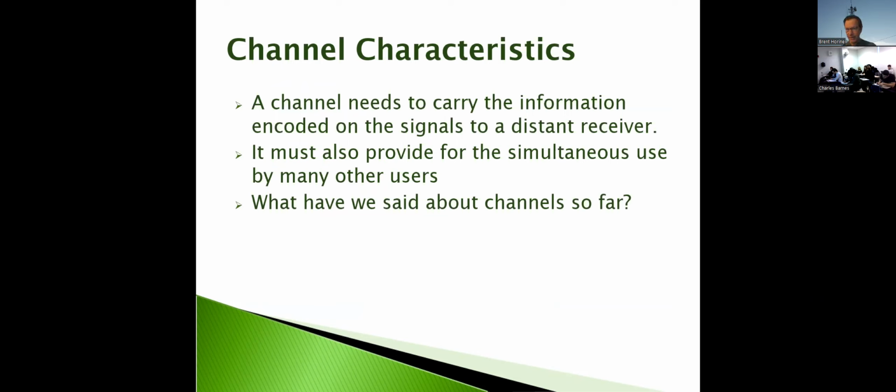It's not just you that wants to communicate. Everyone wants to communicate. So we have to figure out how to share whatever communication media you have. There are a number of different ways of doing it, but the most fundamental way is to allocate different parts of the radio spectrum to different users.